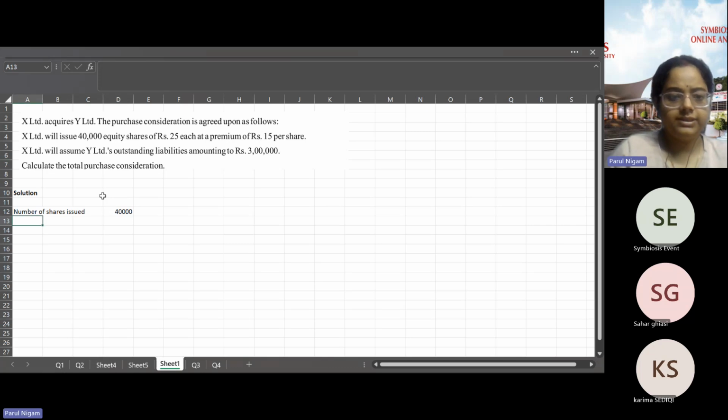Okay. The face value of each share is how much? Rupees 25. And you are issuing it at a premium.